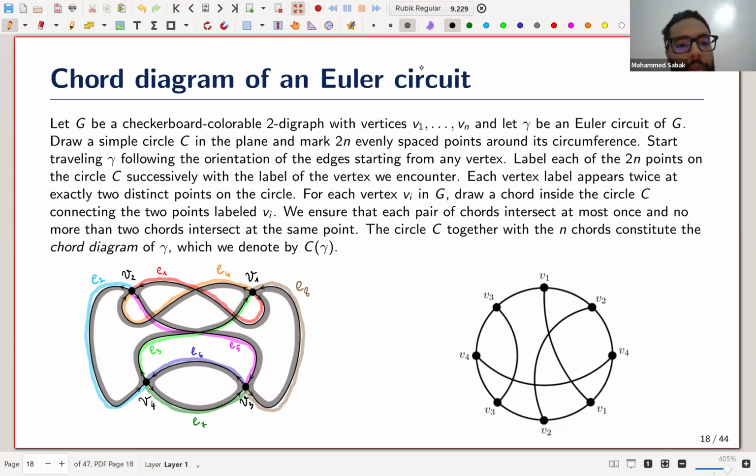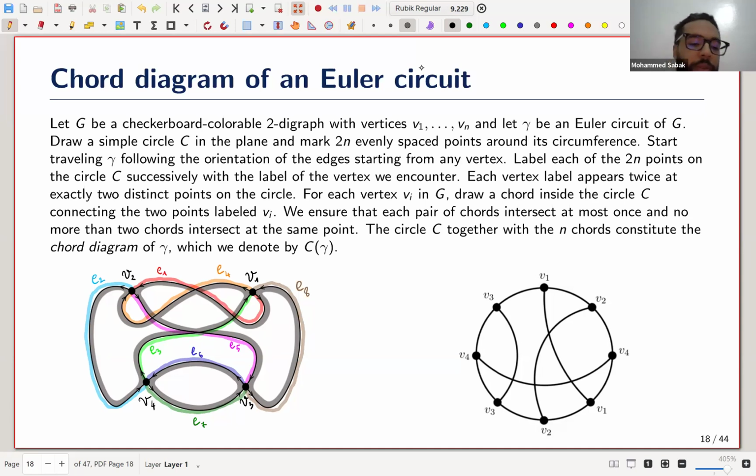Then you start traveling the Euler circuit, following the orientation of the edges, and you start from any vertex. Then you start labeling each of the two endpoints on the circle successively with the label of each visited vertex.